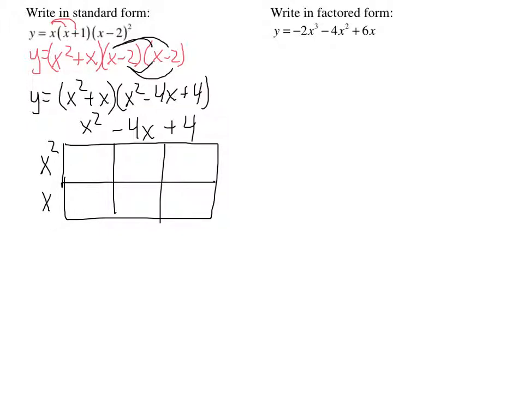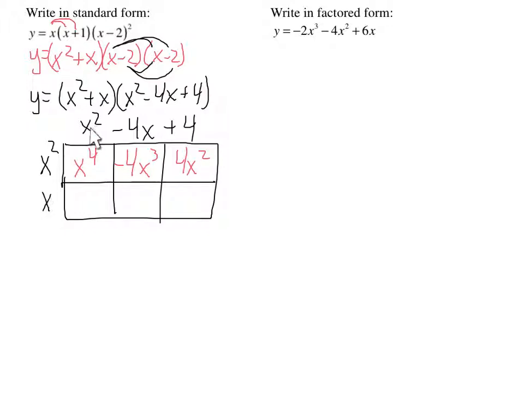So here we go. X squared times x squared is x to the 4th. X squared times negative 4x is negative 4x to the 3rd. X squared times 4 is 4x squared.